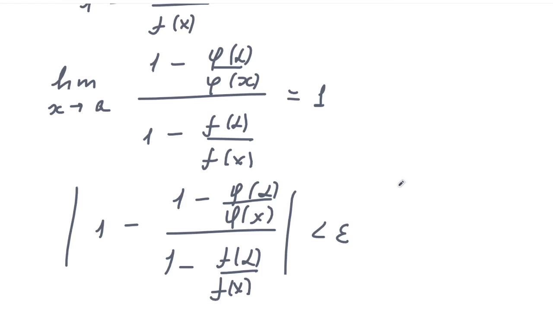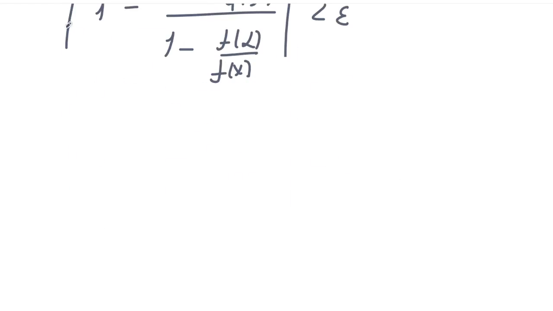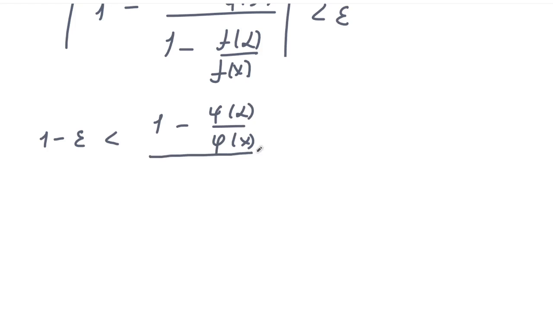Or 1 minus epsilon is less than 1 minus phi of alpha over phi of x over 1 minus f of alpha over f of x is less than 1 plus epsilon. Expression 7.